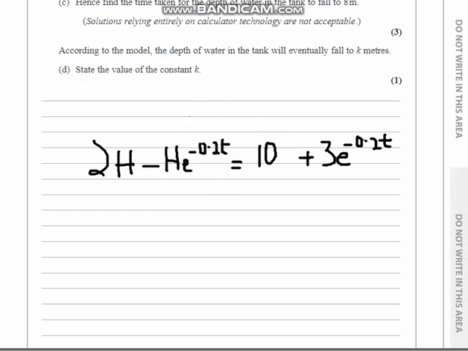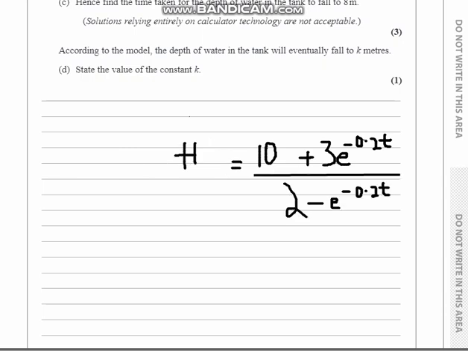Now that I have h on one side, I can take h as common factor. And to make h the subject, I'll divide both sides by 2 minus e to the power minus 0.2t, and we'll get h equal to 10 plus 3e to the power minus 0.2t all over 2 minus e to the power minus 0.2t.